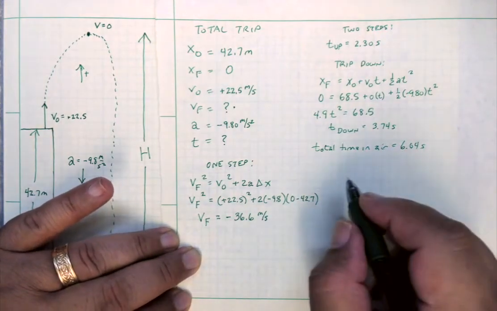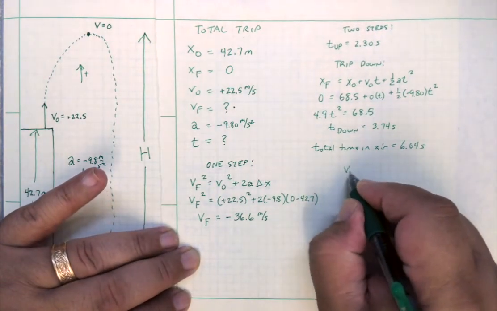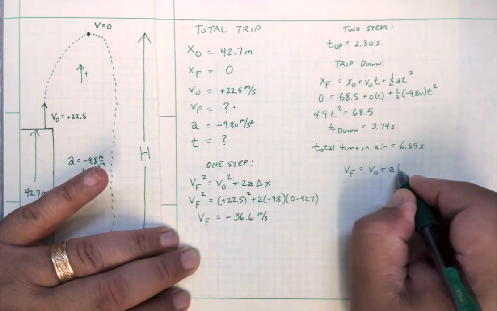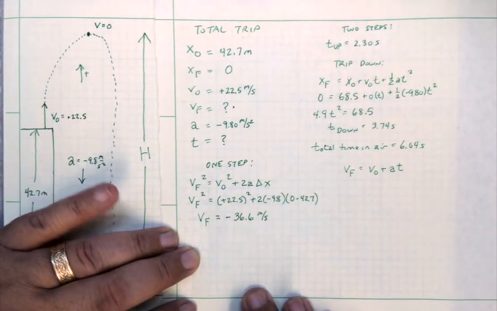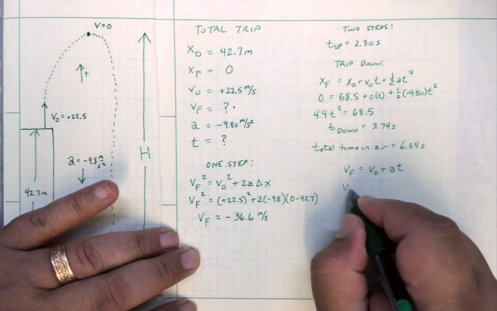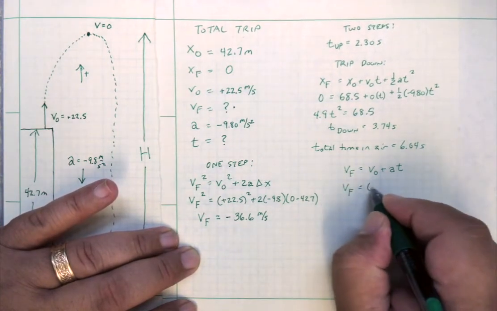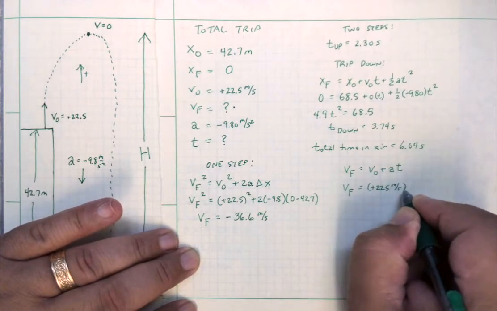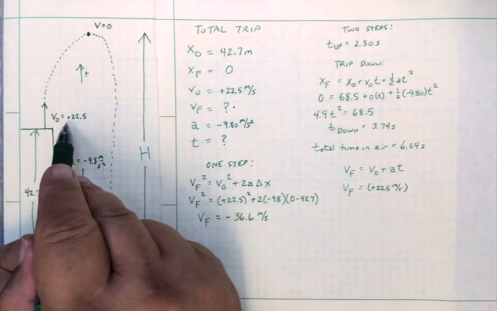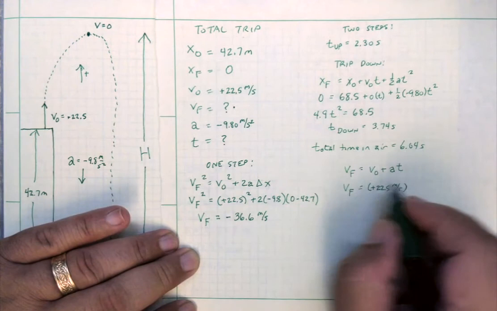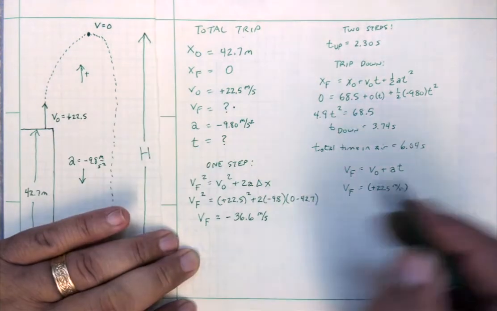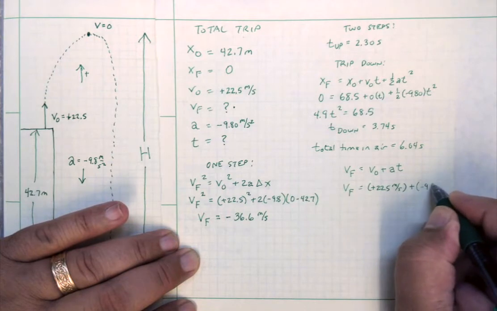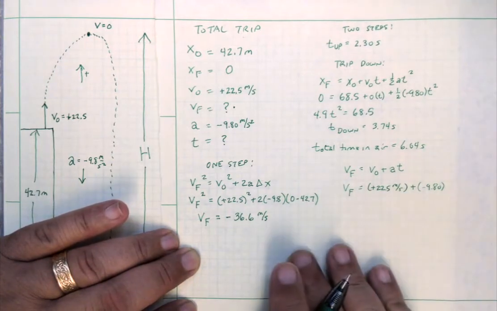Once we have that time in hand, it's now a simple matter of using the first kinematics equation to find that final velocity. But we have to be careful. We have to remember that the initial velocity, 22.5 meters per second, is upward positive, and the acceleration in free fall is downward negative.